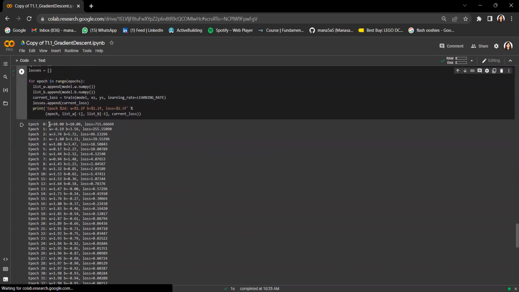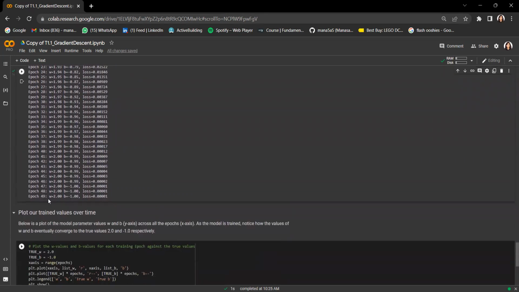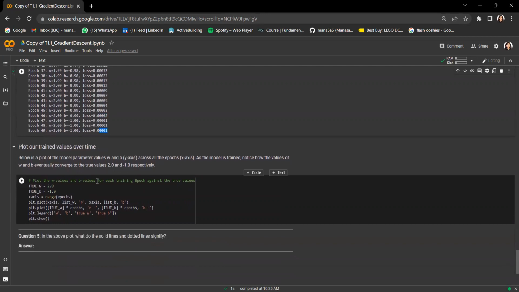Yeah, so epoch 0, we see that W and B are 10, which is our initial, we define that. And our loss is pretty high. And then as we go through more and more epochs, we see that it eventually converges to 2 and -1, which are our ground truth values. And the loss reduces to 0.00, effectively 0.